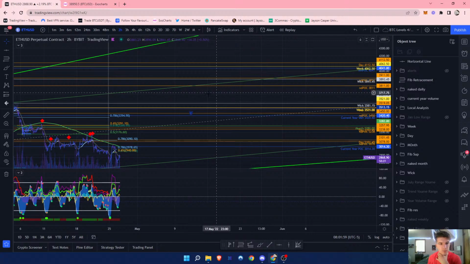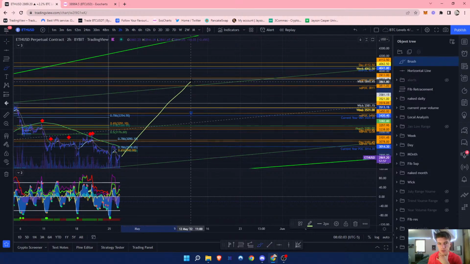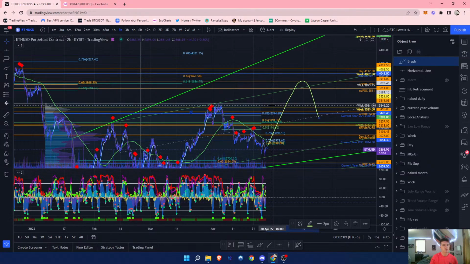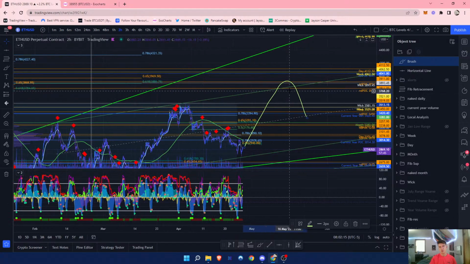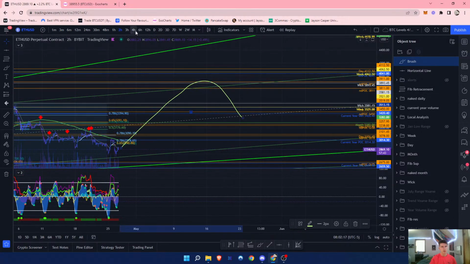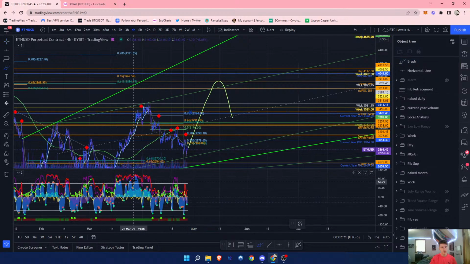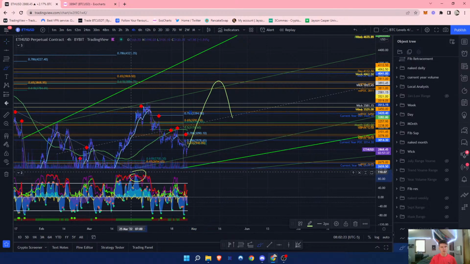Then really, there's not too much resistance until really up here, 3,900. As if we zoom out, you can see we're getting a nice golden pocket at this level right here. And this will definitely be a 4 hour divergence where we don't want to see it going above this anchor wave right here.